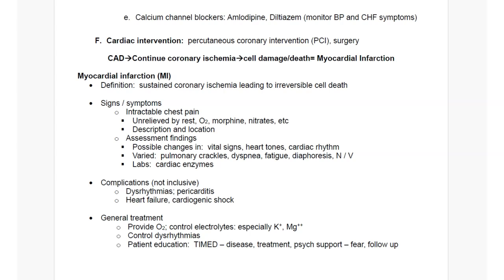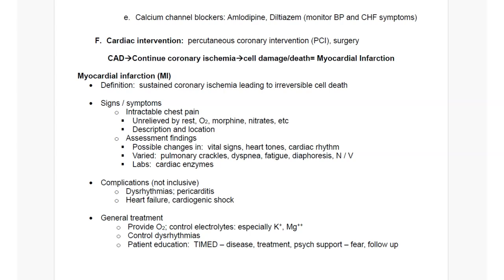Sometimes they may just say that their face is tingling, their jaw is hurting, so it's not your typical site of pain or even description of pain. Some patients will describe their pain as if there's an elephant sitting on their chest, or there's this pressure or sense of impending doom.